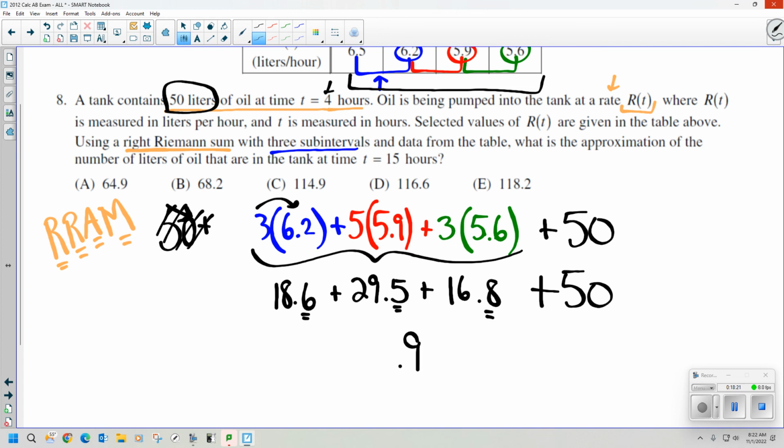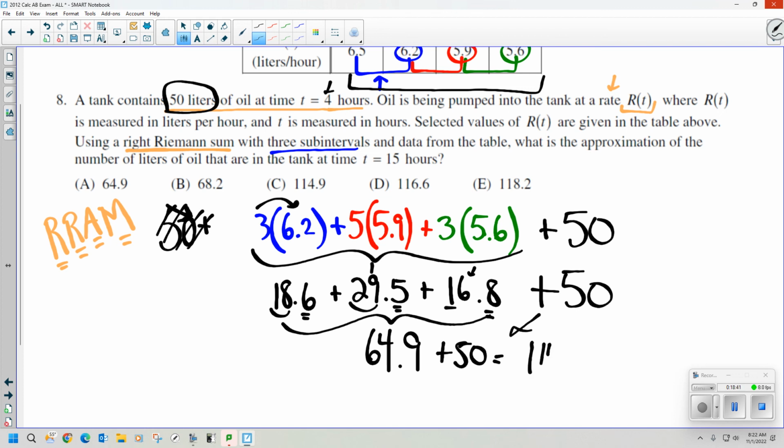I got to carry that 1. Let's put it over the 29. So that's 30. Plus 18, that's 48. Plus 10, it's 58. Plus 6, 64. Plus 50. That's 114.9 liters total.